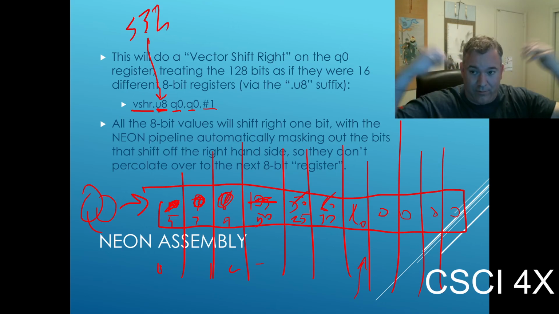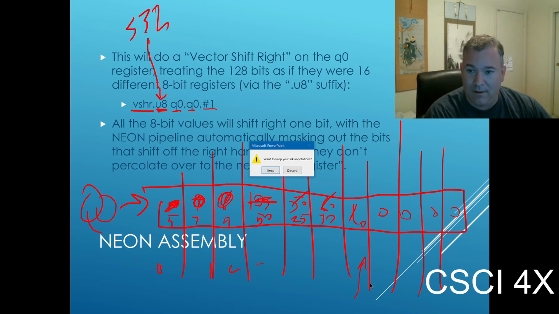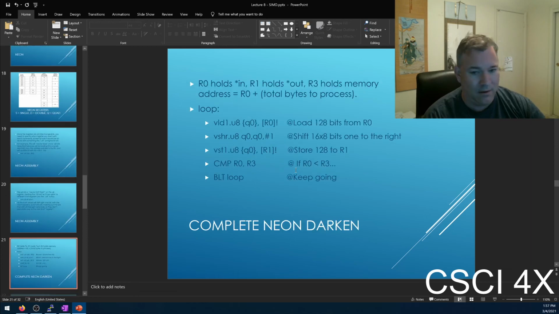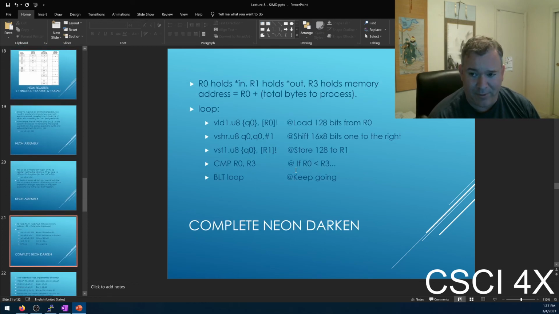And so you're going to load 16 at a time, divide them by 2, and then write them back. The whole point is that you're just doing the same operation on all of them at the same time. There are commands to load individual channels if you need to do that. But if you're going to do that, just use a regular integer register, like R. If you need a specific int, you just load it into the R register instead. The whole point of the Neon registers is you batch process things.